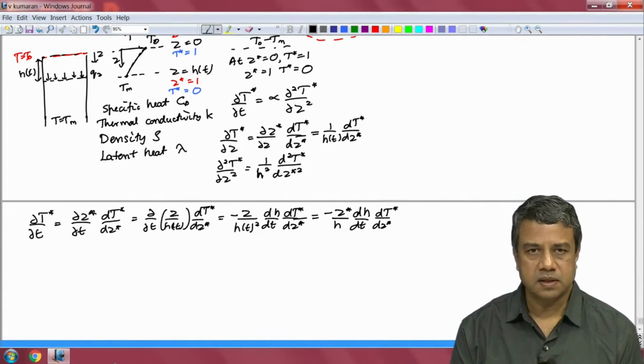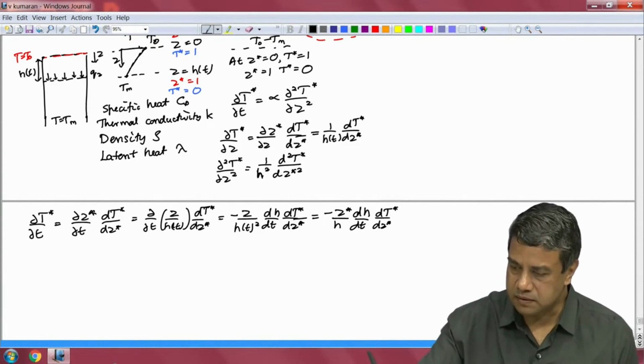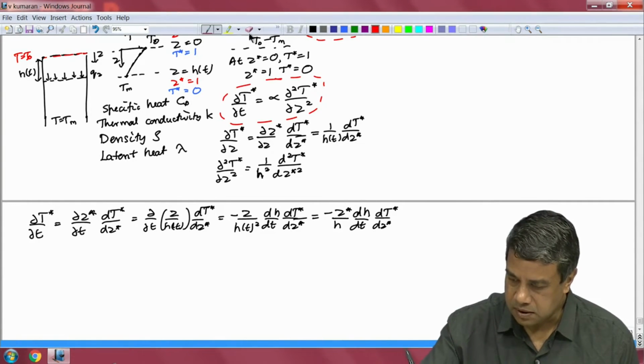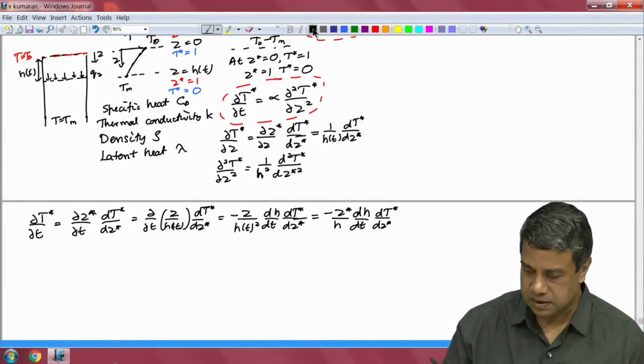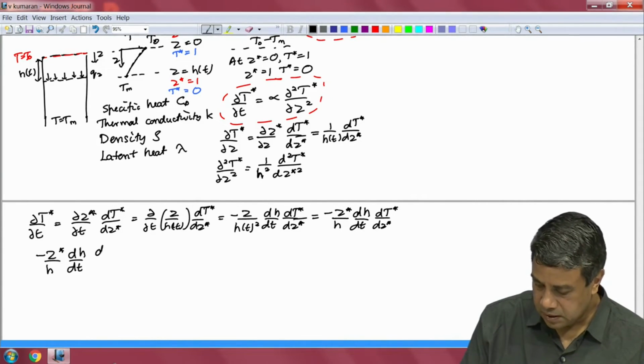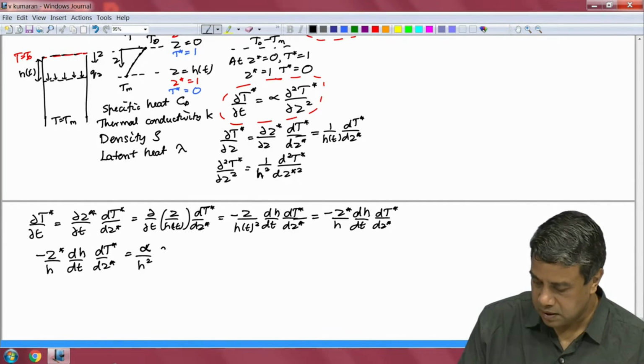So, I substitute this into the conservation equation and I will get minus z star by h dh by dt dT by dz star is equal to alpha by h square d square T by dz star square.